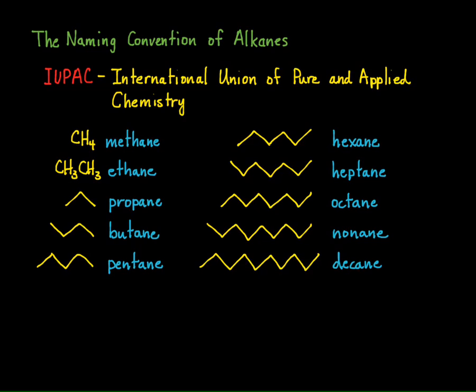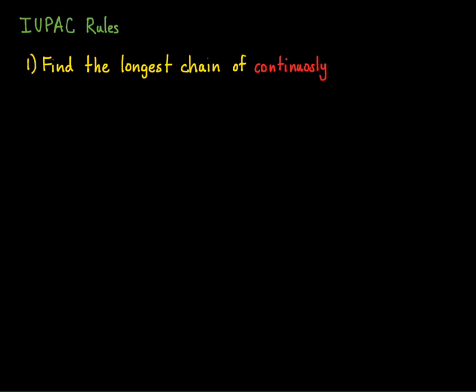I want you to focus on these root names because we're going to use them when we apply the rules of IUPAC. What are those rules? Well, the first rule in naming an alkane or an alkyl derivative is to find the longest chain of continuously connected carbons.